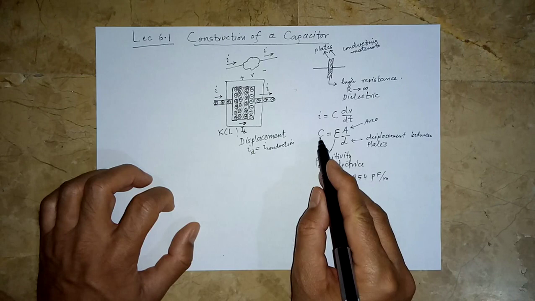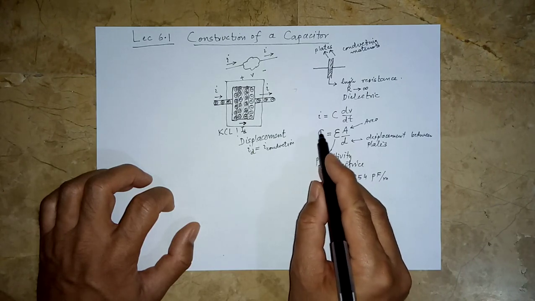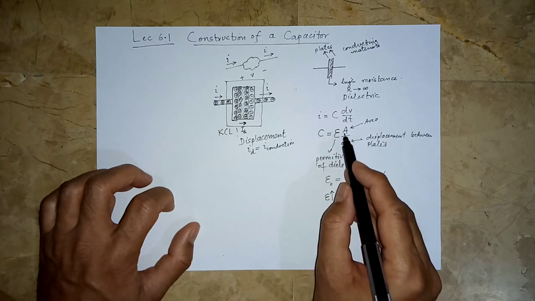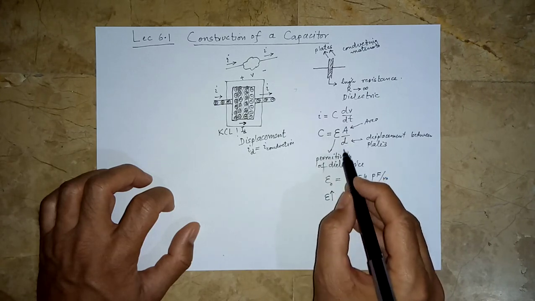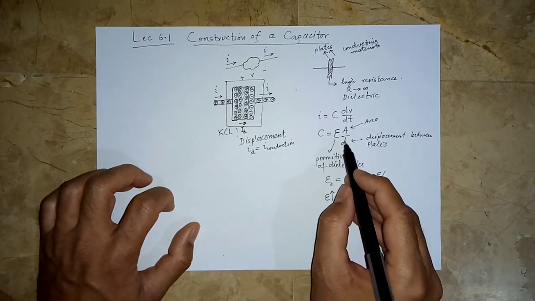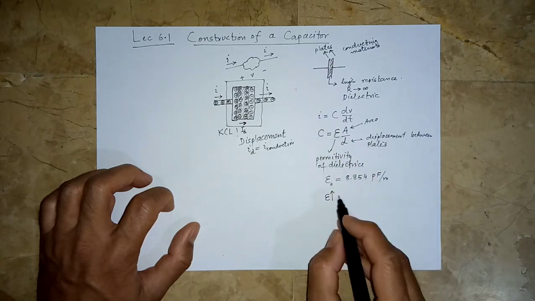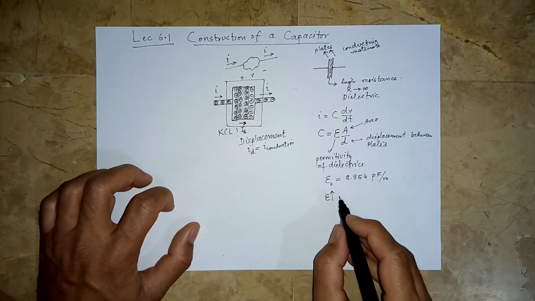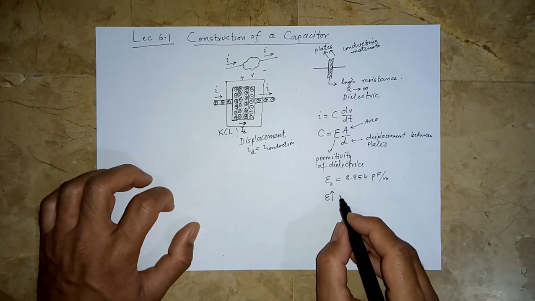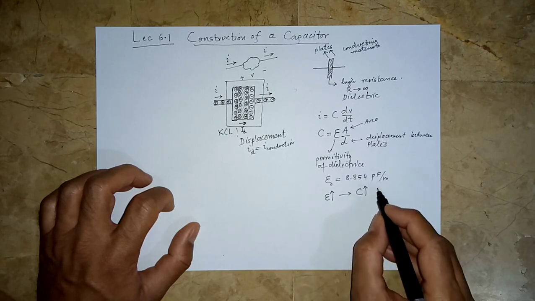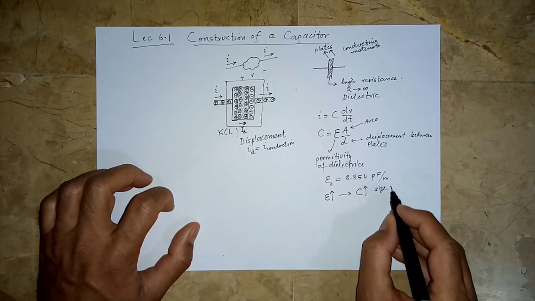So to bring down the size of the capacitor, or to get a large capacitance, we either increase the area, decrease D, the spacing between the plates, or increase the permittivity. So high permittivity materials are used, so that high capacitance can be achieved, or the size reduces.